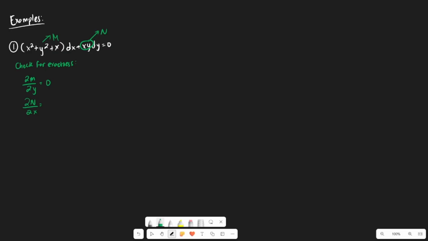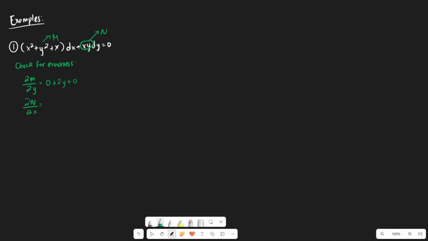The next one, let's have the derivative of y squared with respect to y. So that is 2y using the power rule. And the derivative of x with respect to y is 0. Next is the derivative of xy with respect to x, so that is N with respect to x.